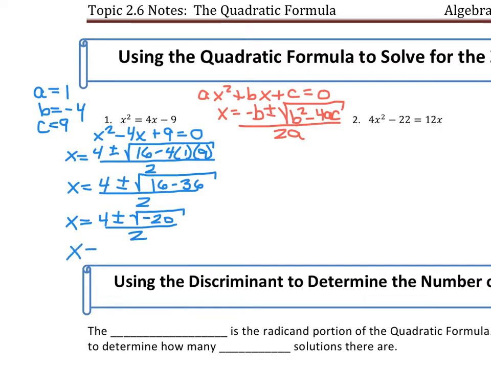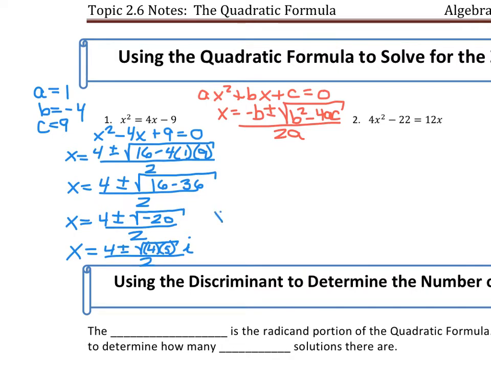X equals +4 plus or minus the square root of -20, that's -4 times 5. So I'm going to write that as the square root of 4 times 5. When I take the square root of that -1 in there, I have i coming out, the imaginary unit, all over 2.